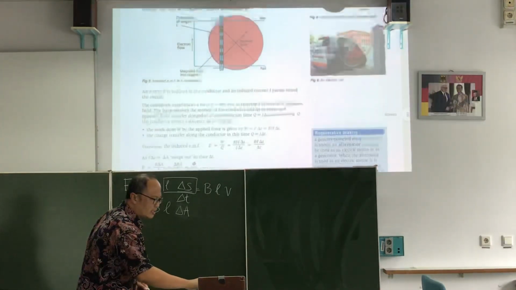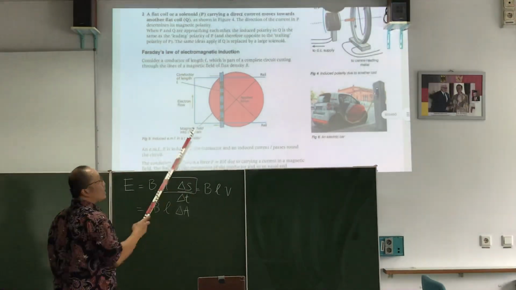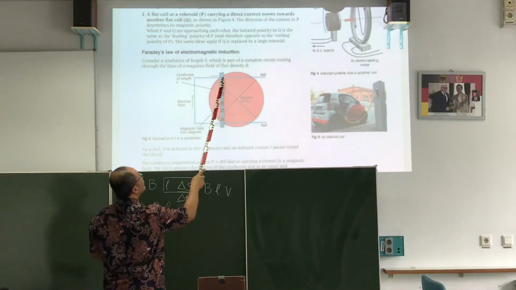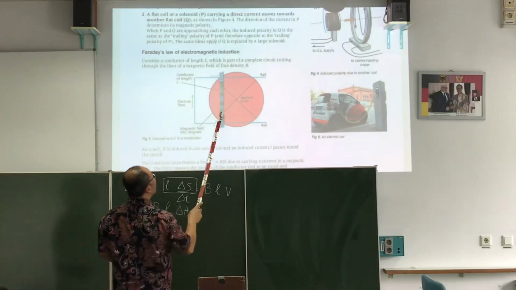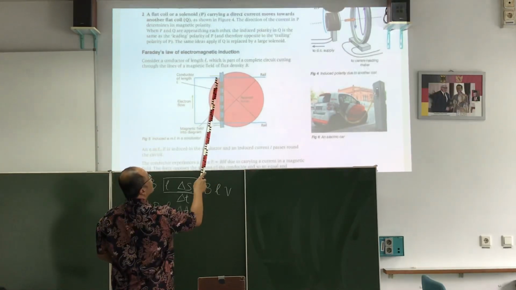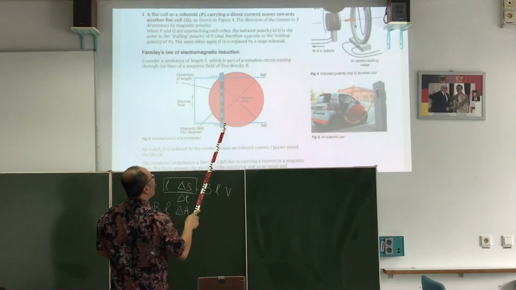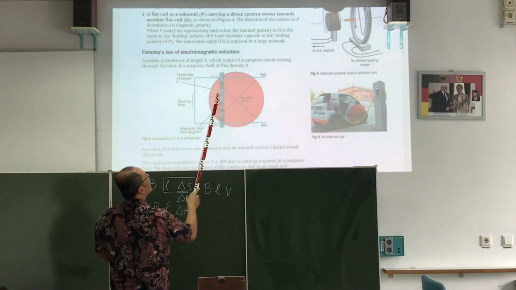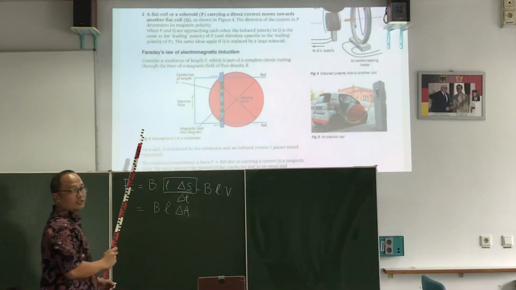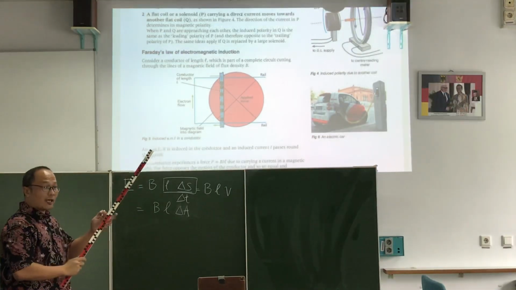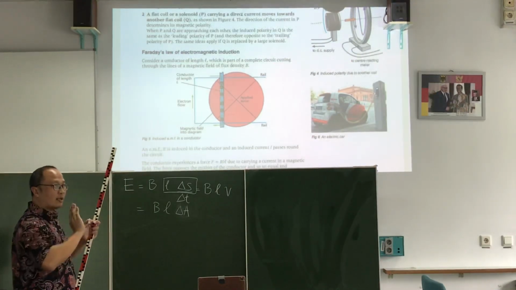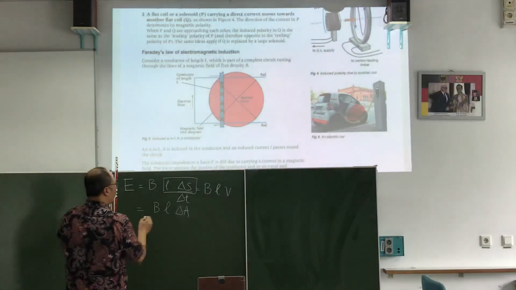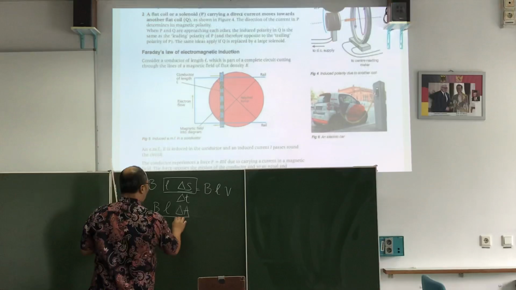What's the area? The area of the motion of this rod. This is L, and this is the delta S that this rod has traveled. So this is the area that it swept after it moved in this direction. That's the area of the motion of this rod. Now, this is delta A over delta T.